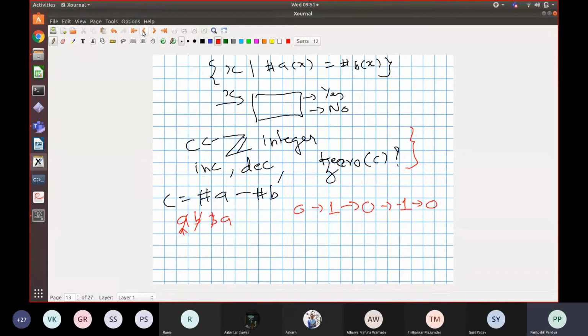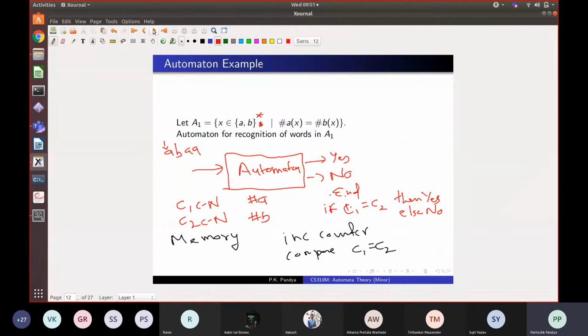Now, of course, this problem was solvable by both these kinds of automata. But suppose in general you have an automaton which is allowed to use two natural number counters and have only an increment operation and is allowed to check whether two counters are equal or not. At the end, what is the kind of problems you can solve using it?